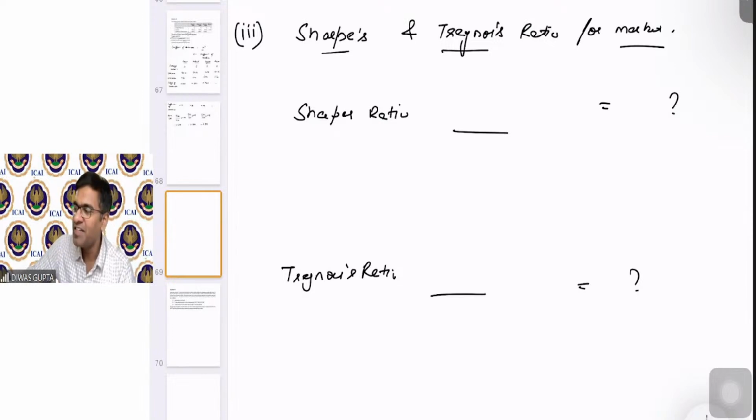I will not reveal the answer, but Tanisha, you are right. Come on, students. Please attempt. See, it is very much evident from the simple looking of the data itself that is given in the question.